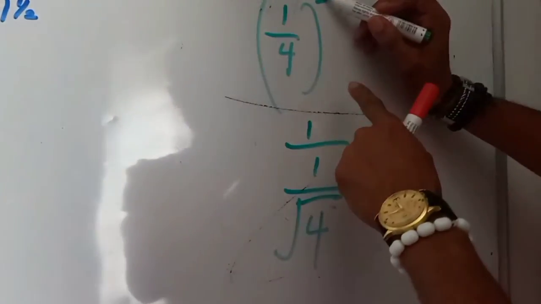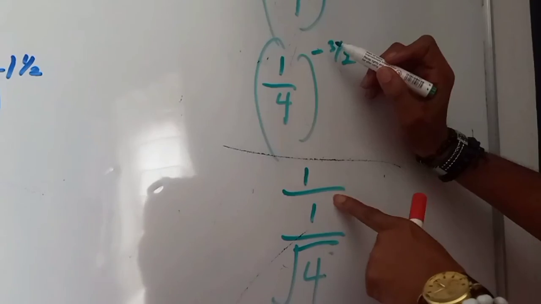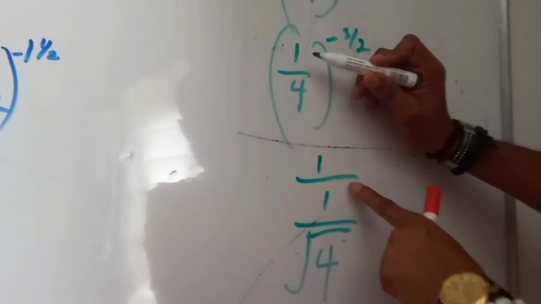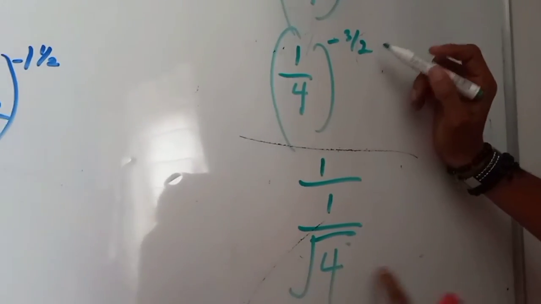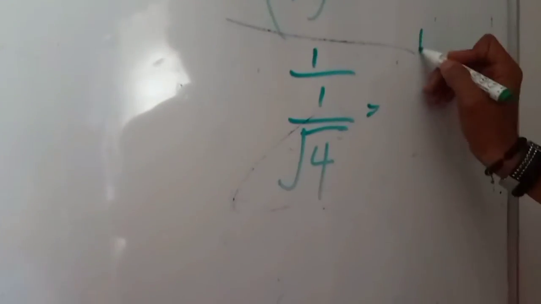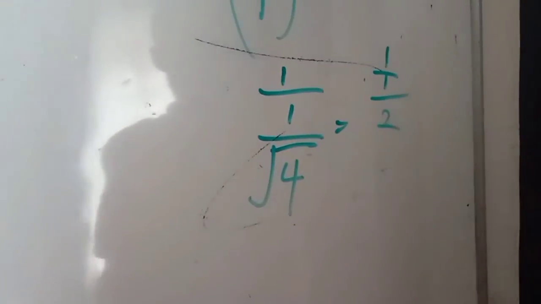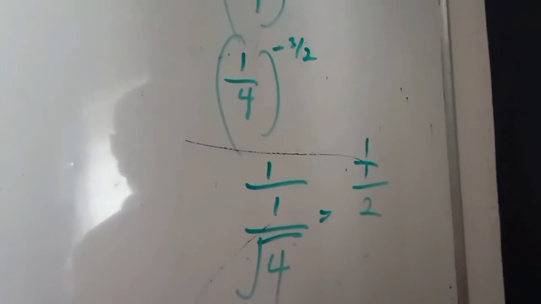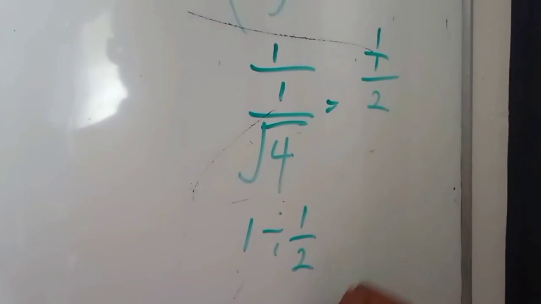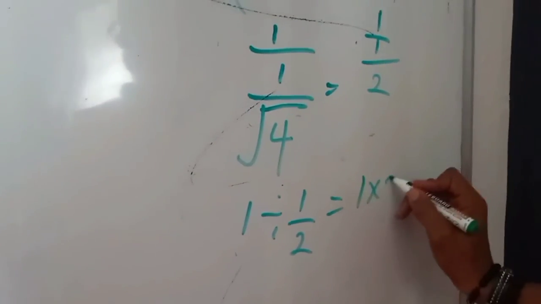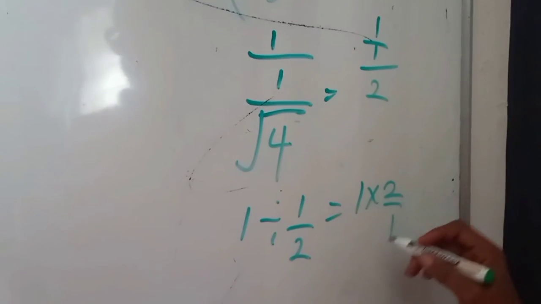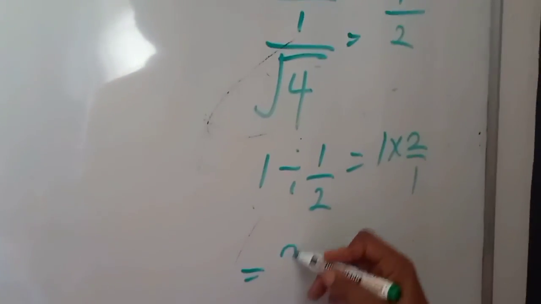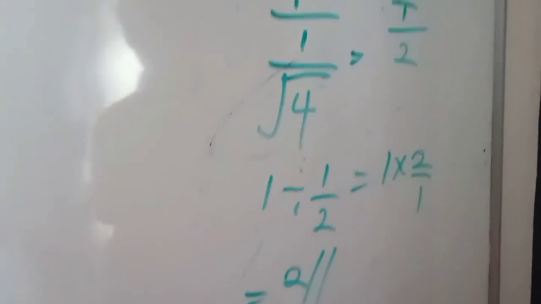This negative sign is fraction, this is 1 over. And this is the question: that's 1 over 4. This 2 means the square root of 4. So 1 over 1 over 2. I will express it as 1 divided by 1 over 2, which equals 1 times 2 over 1. Which means 2 times 1, 2 over 1, equals 2 as my final answer.